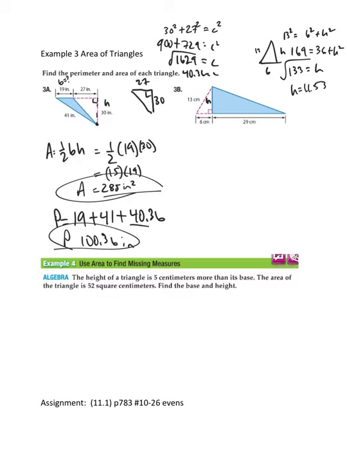All right, and then that makes the base 29. So area is 1/2 base 29, height we found to be 11.53. 0.5 times 29 times 11.53 is 167.19.